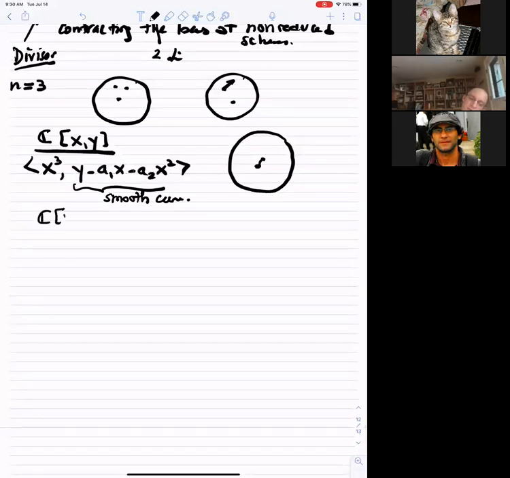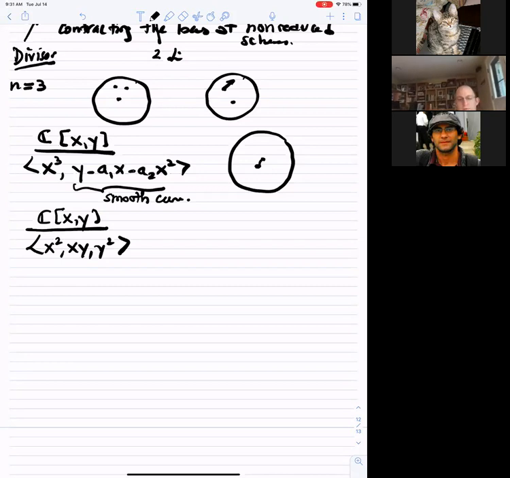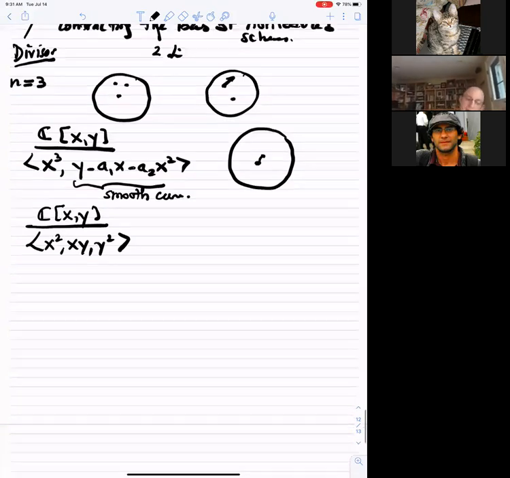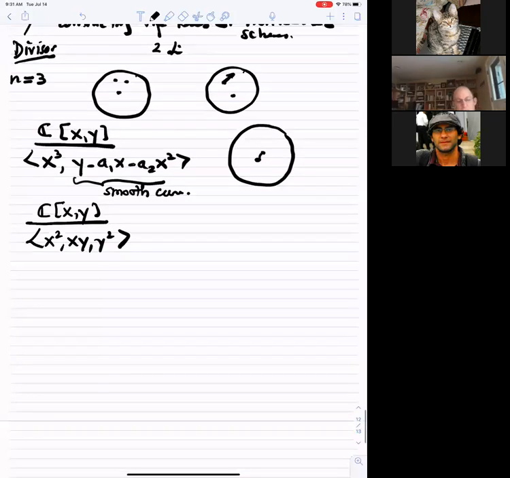So for instance, if you look at C[x,y] and quotient out by x squared, xy, y squared, this is the square of the maximal ideal. This is also a 3-dimensional vector space, and again gives you a point in the Hilbert scheme of 3 points. But now, of course, there is no smooth curve that contains this.